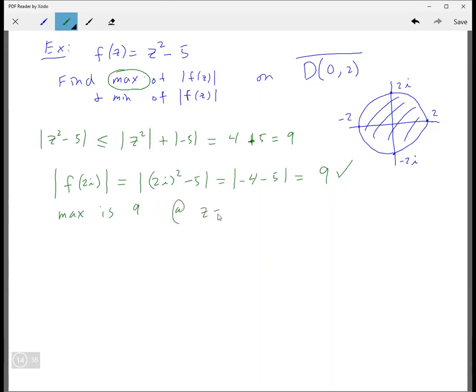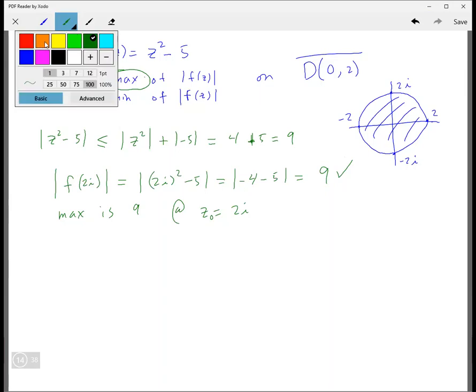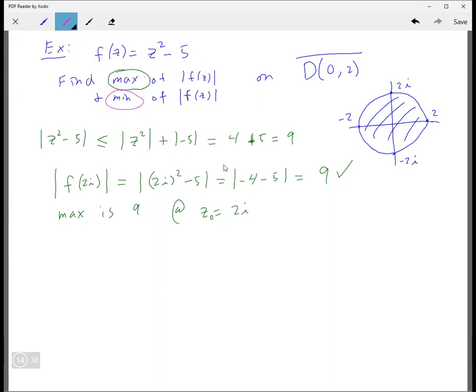At z equals 2i. Now, what about the minimum? First of all, could the minimum happen inside?